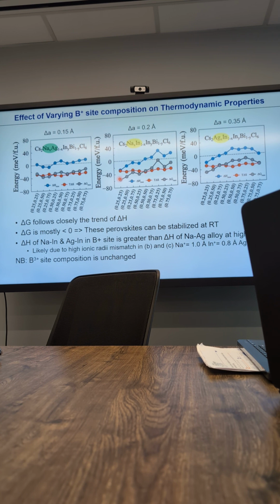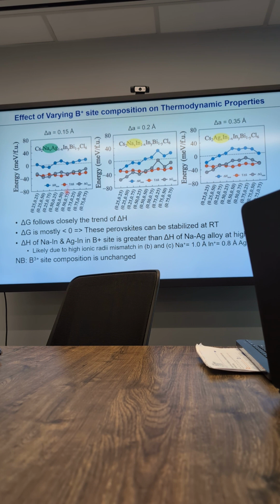Now one key thing I realized here was, why are these plots very different, right? As you change these values, say here they both have indium, and here we put two similar elements, sodium and silver. The enthalpy of the sodium silver and silver indium alloys was greater as you vary the composition compared to these.